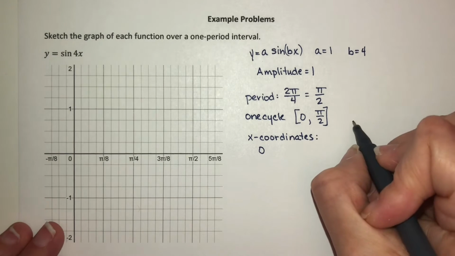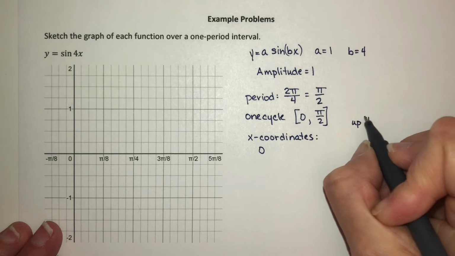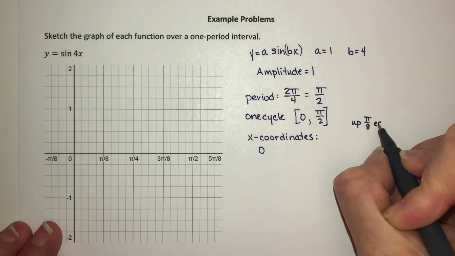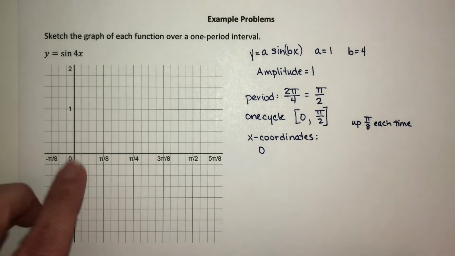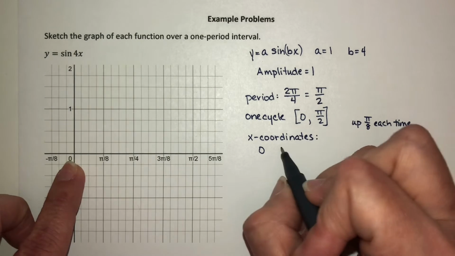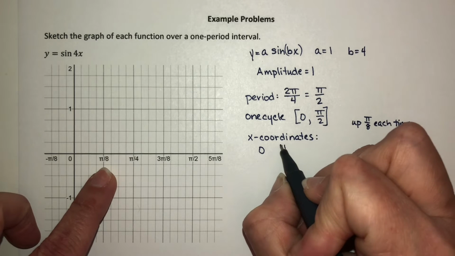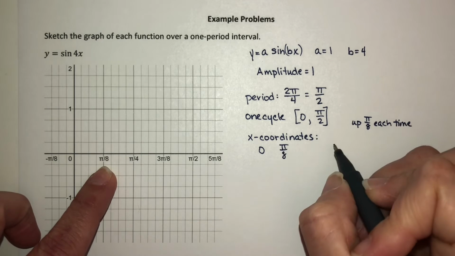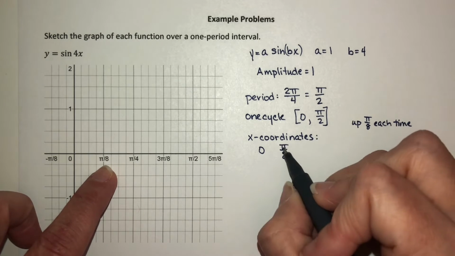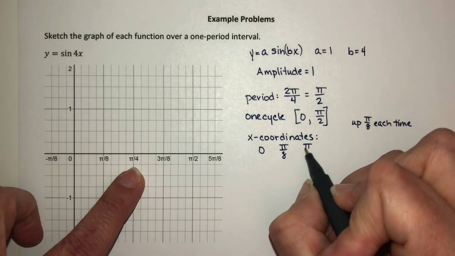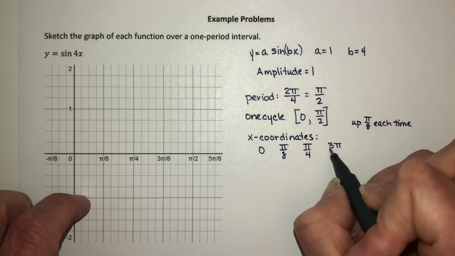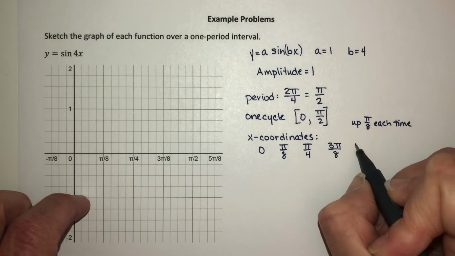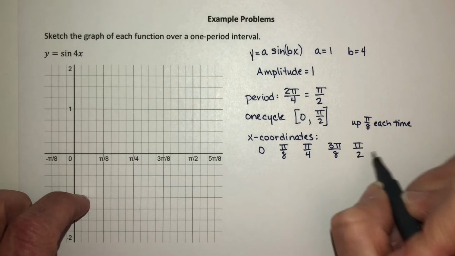So we're going to go up pi over 8 each time. Okay, so if we're starting at 0 and we go up pi over 8, then our next x-coordinate is pi over 8. Add pi over 8 to this, and you are at pi over 4. And then 3 pi over 8, and then pi over 2.